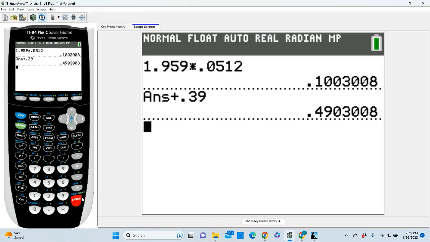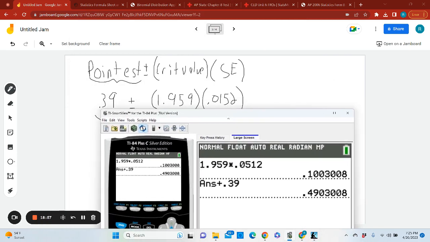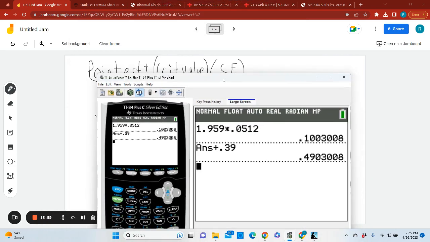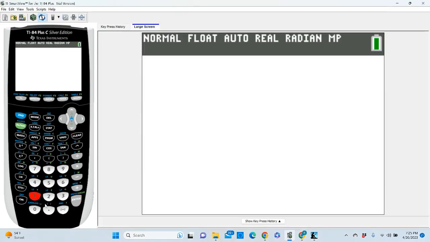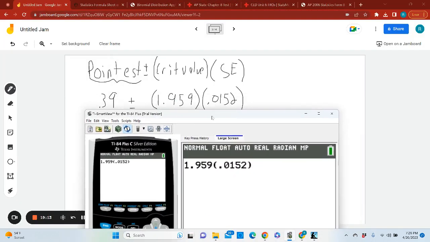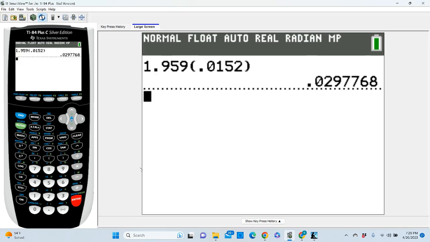And then I need to subtract this from 0.39. Did I do something wrong? 1.959, 0.0152, not 0.0512. Duh. 1.959, I used the wrong number, times 0.0152. That's the right number. Don't make a mistake like that on the exam, all right? So there's my margin of error.